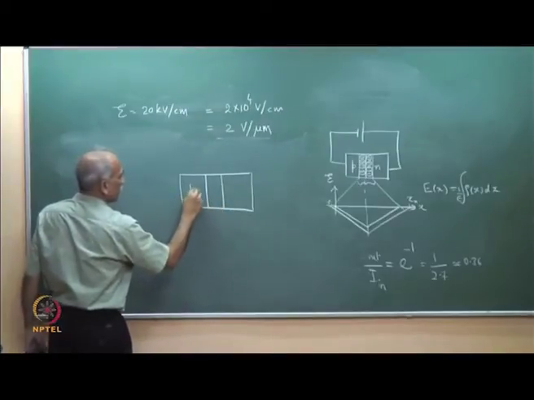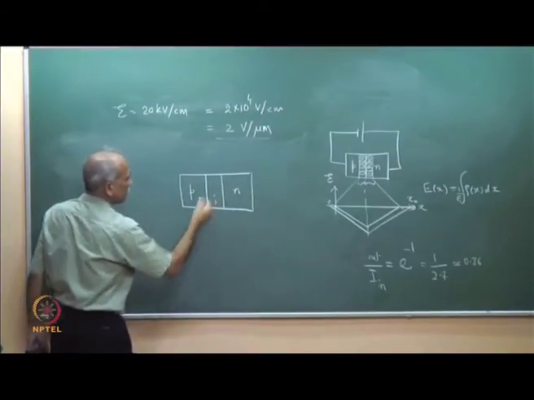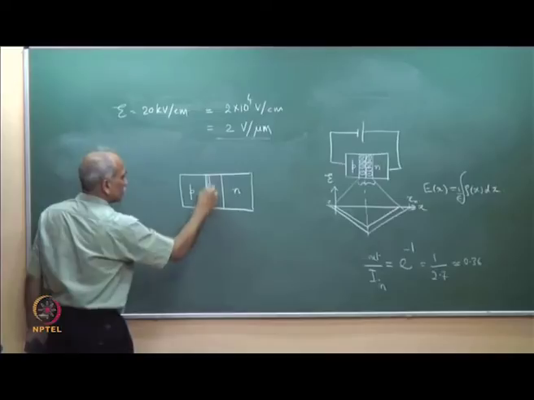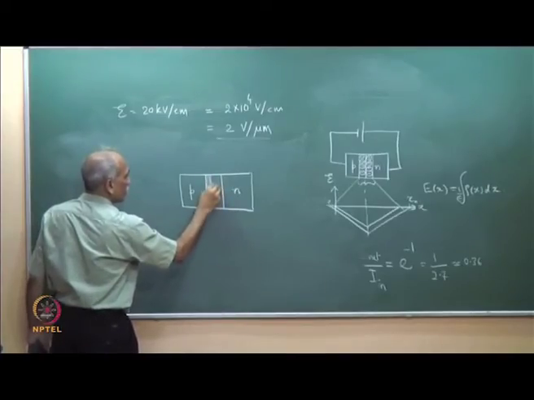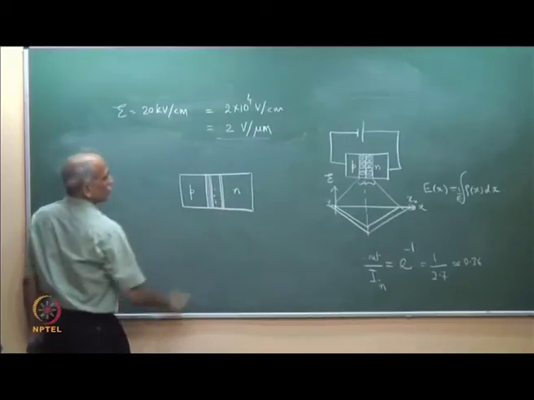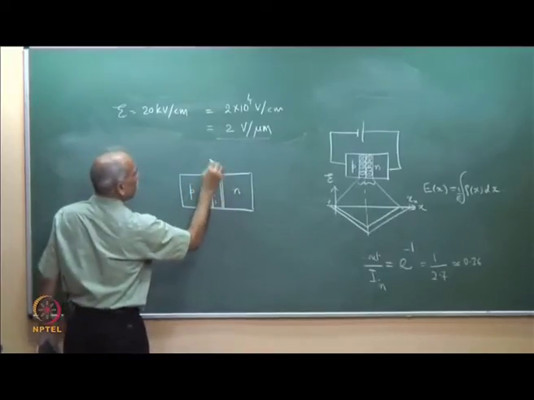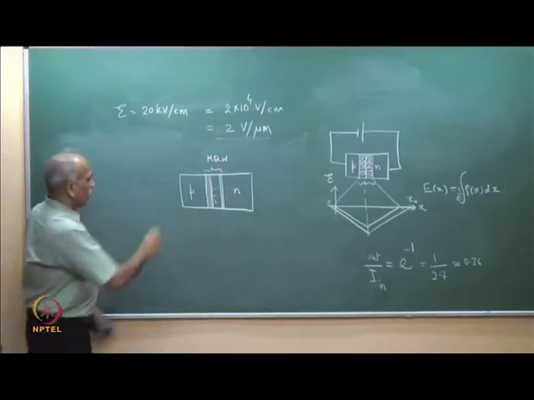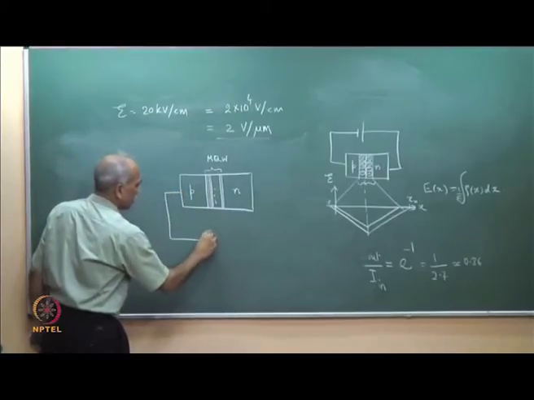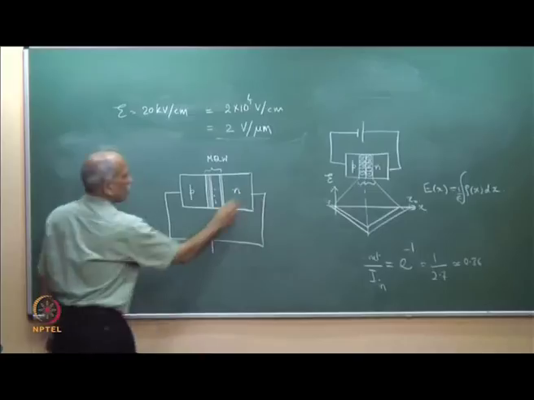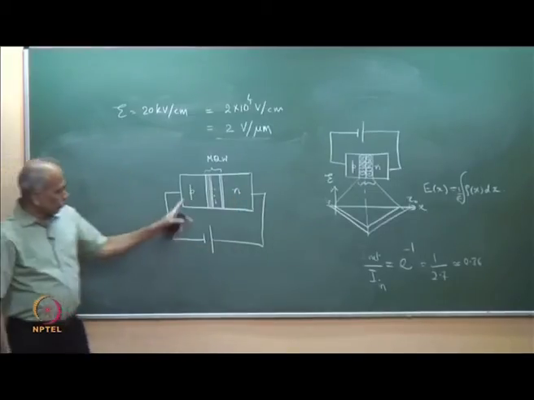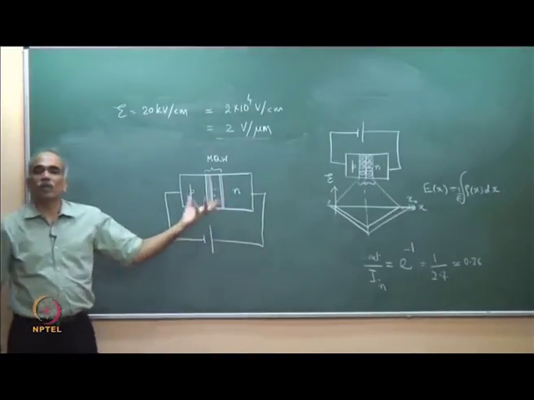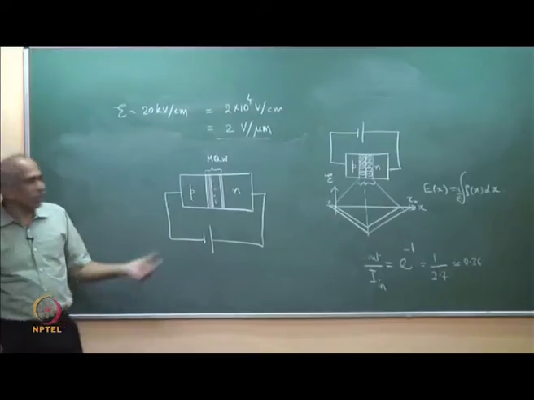This is the P side, the N side, and this is the intrinsic region, which comprises quantum well structures. So, the I here is MQW, the intrinsic region, and then you apply a reverse bias. The intrinsic region comprises multiple quantum well structures, typically 50 to 100 periods.